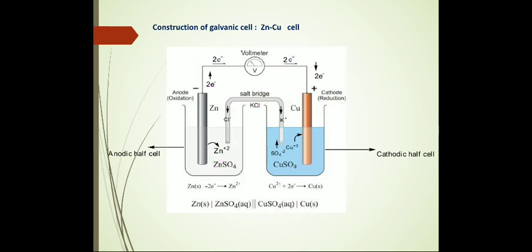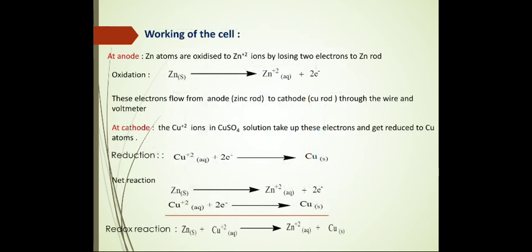Then coming to the working of the cell, how the cell works. At the anode, zinc atoms are oxidized to Zn2+ ions by losing 2 electrons from the zinc rod.